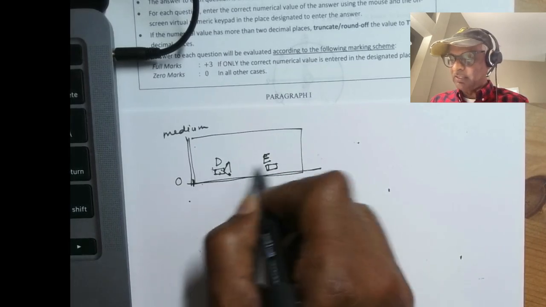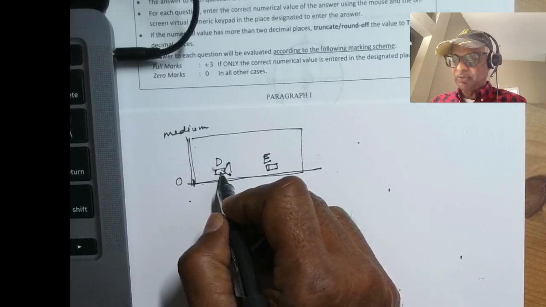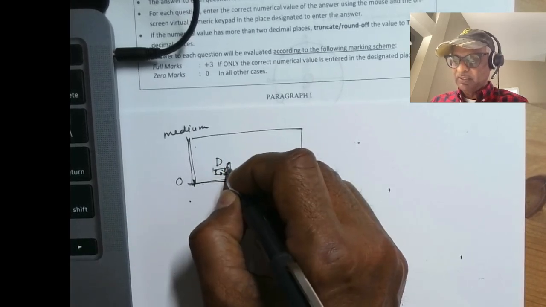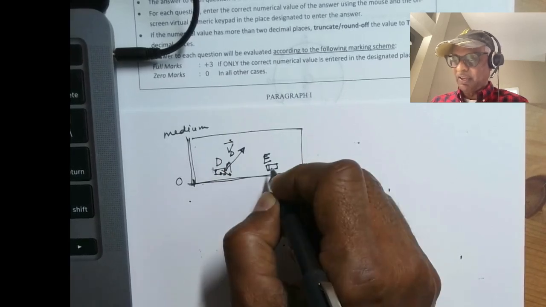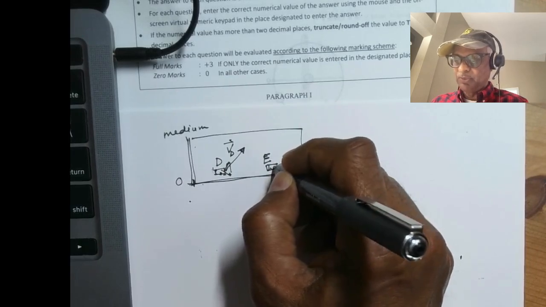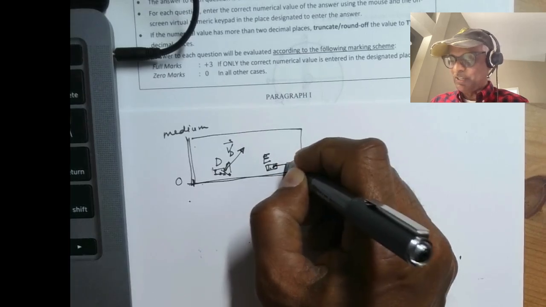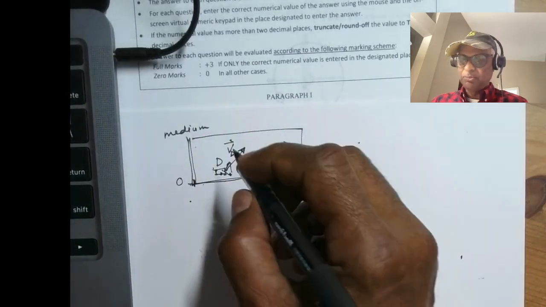So there are three frames. Let's see the velocity of this, the speed of this with respect to this. The detector can be moving in that direction, maybe say VD, and the emitter is maybe moving this way, maybe VE vector.